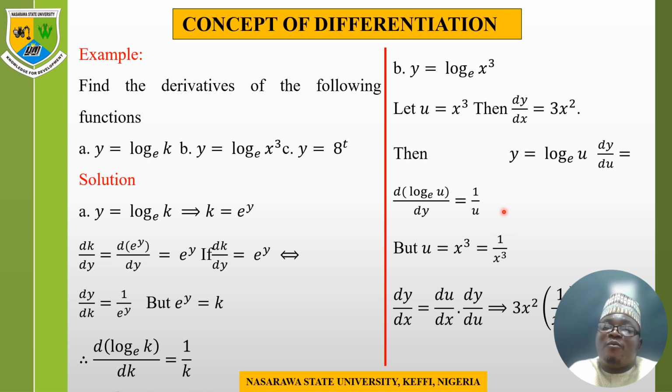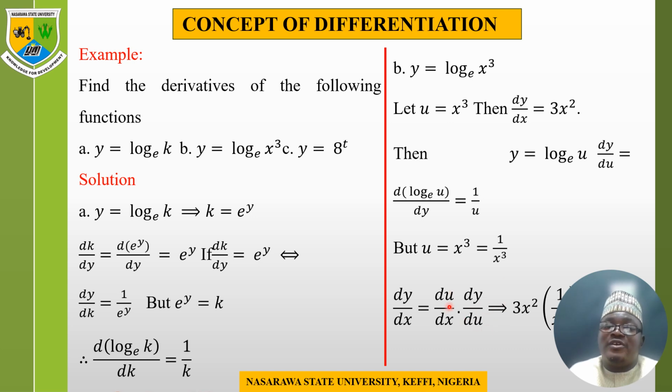Then we are now going to have 1 all over x raised to power 3. In general, we are still using the chain rule to handle this case. Du dx, remember, we get what? This is our u. You differentiate it with respect to u, we get back to this. That is du dx.